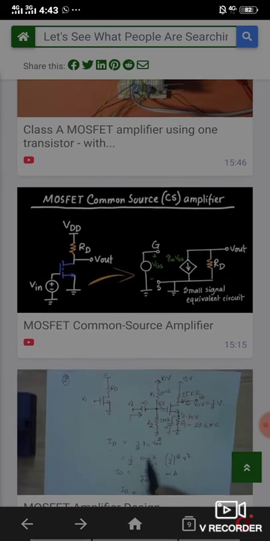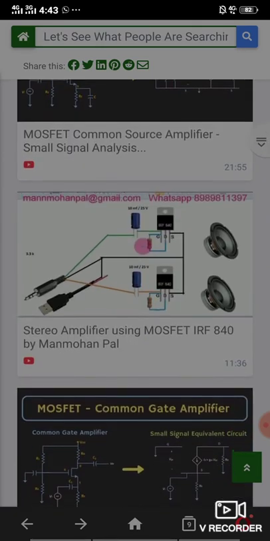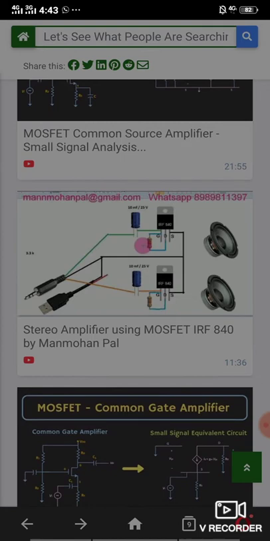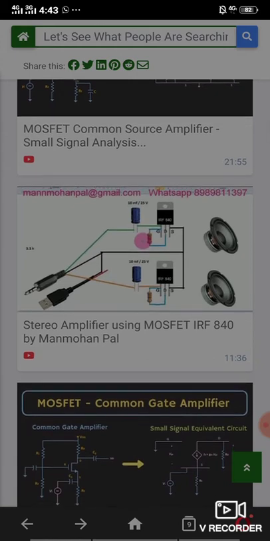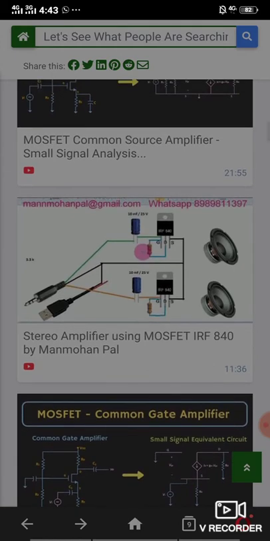MOSFET common source amplifier using MOSFET IRF 840.